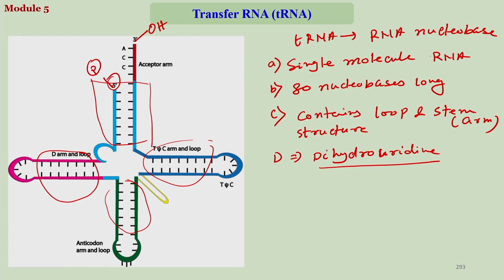I will give you the details and then go to the structure. On the other hand, on the right hand side you can see this is termed as T psi C arm and loop. Again T psi means pseudouridine.